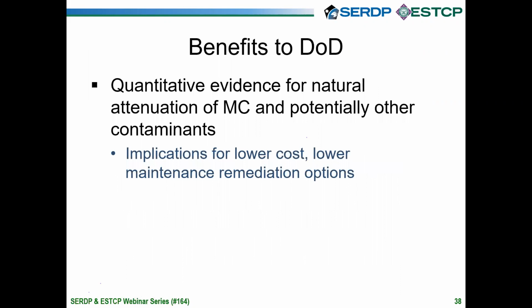And I think all of this can be distilled down to some benefits to DoD, which is additional evidence to support whether or not natural attenuation is a viable option for your particular scenario. Because certainly if it is, the implications are lower cost, lower effort, with the same or potentially enhanced efficacy for removing and degrading MC constituents.